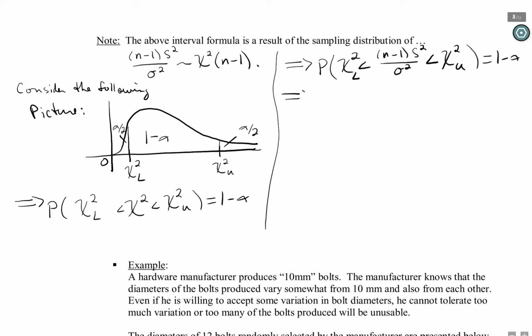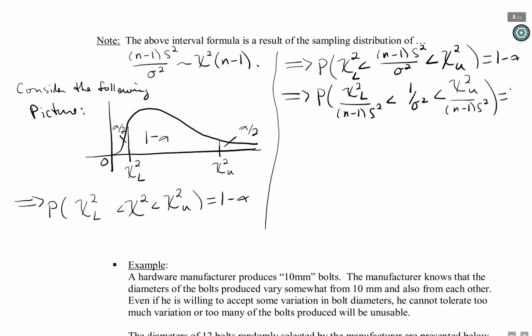And so the way I would do that is I would divide everything in this probability statement by n minus 1 times s squared. So I'm going to have chi squared L over n minus 1 times s squared, and that's going to be less than 1 over sigma squared, and that's going to be less than chi squared U over n minus 1 times s squared.